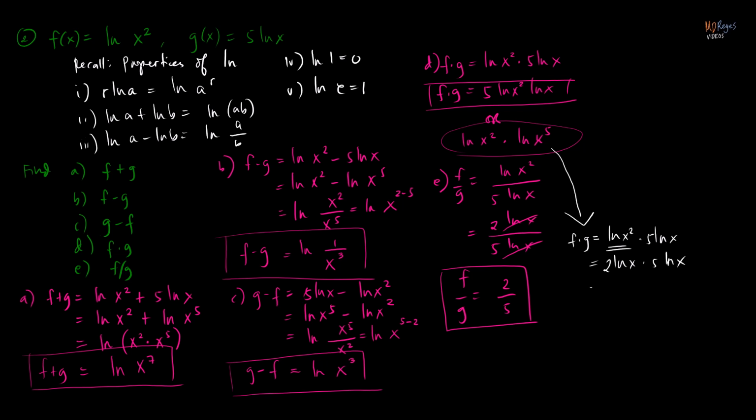Then we multiply the constants, 2 and 5, we get 10. And then we multiply ln of x by itself, which is just squared. So f times g can also be written as 10 times ln of x, squared. That's another way to write the answer. It's more simplified, it's shorter in this way. Okay, that's it.